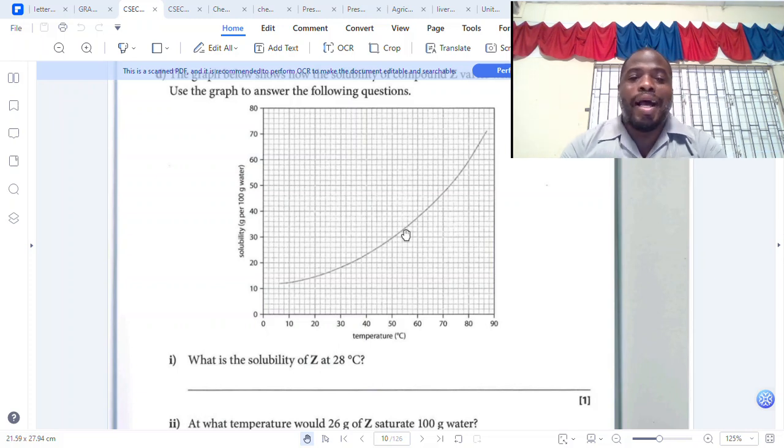We are asked to find out what would it be if it was 350 grams of water instead of 100. What is the amount that would be needed to saturate that mass of water? So again, we're going to jump over to our Word document, and we're going to be having the discussion, and we're going to be working it out.